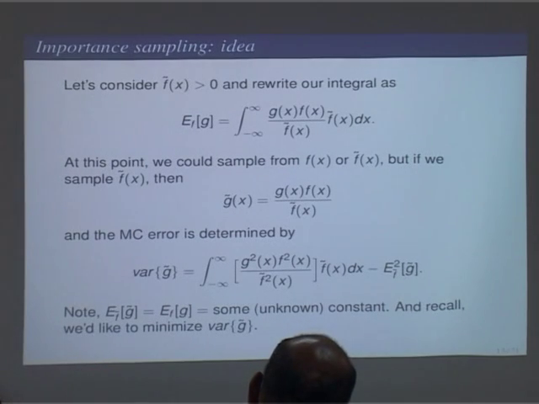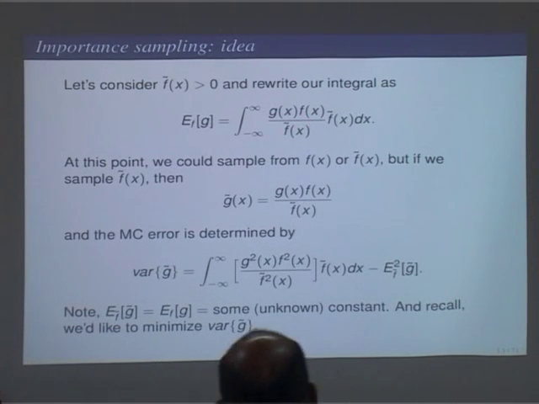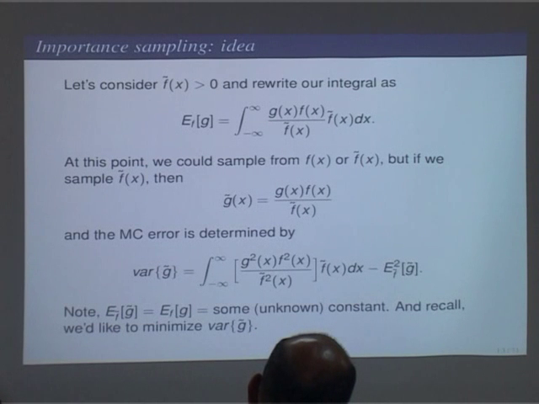The idea there is to choose what we call an importance distribution, which I'm labeling F tilde here, and just multiply by 1, the importance distribution over itself. So now I'm going to sample F tilde, and the rest is what I plug into my estimator. So I have a G tilde that is the rest of my integrand.